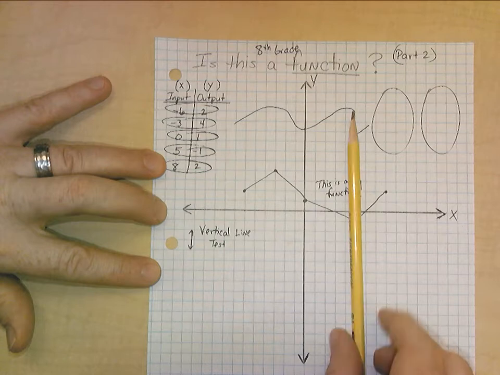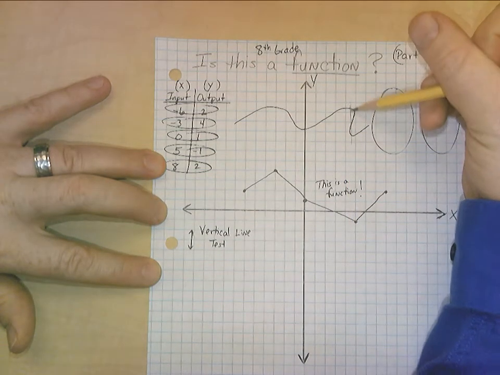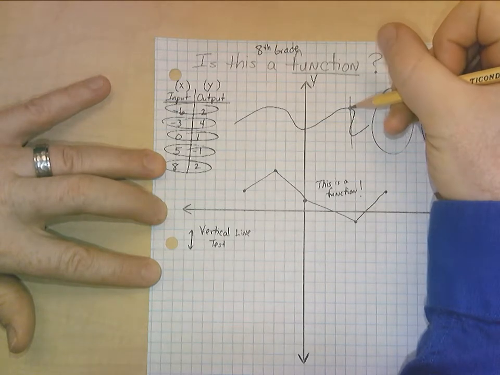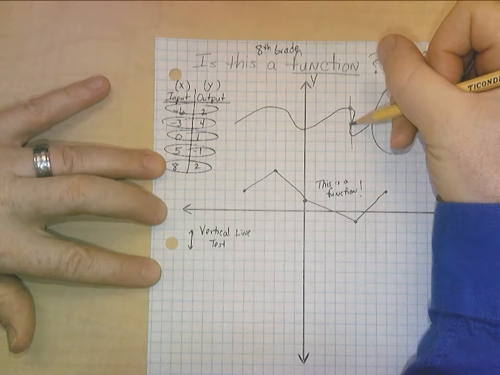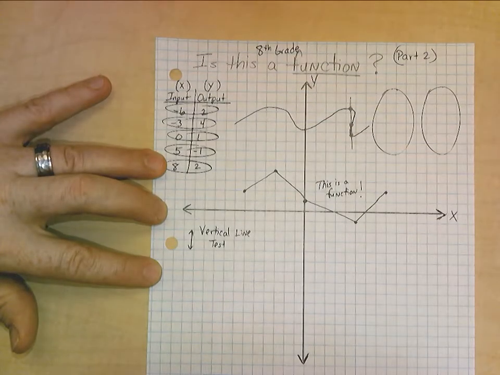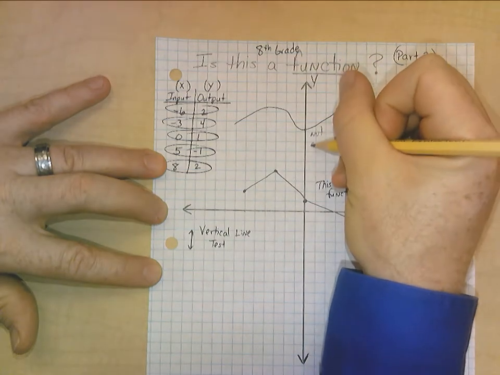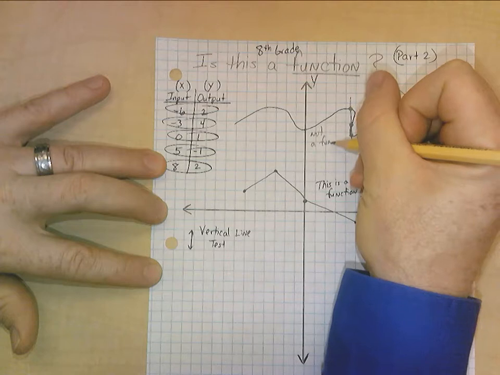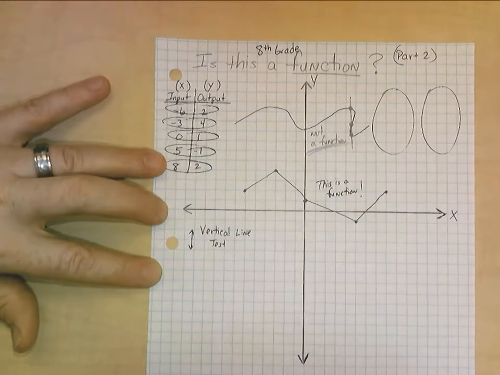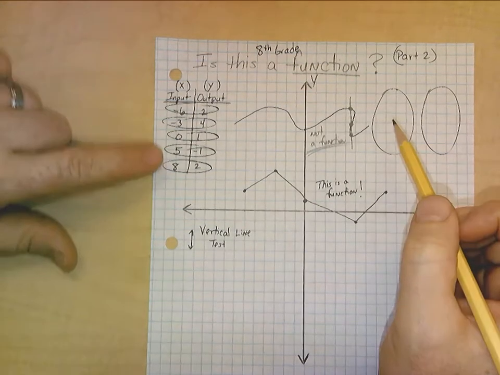Once you hit this point, if I had a line that goes straight up and down here, it crosses the graph at 3 different points. So this does not pass the vertical line test. So this is not a function. Make sure you use your vertical line test if you have it on the graph.